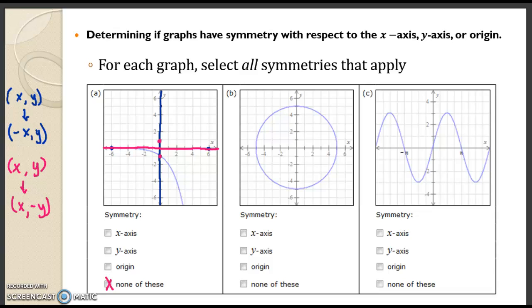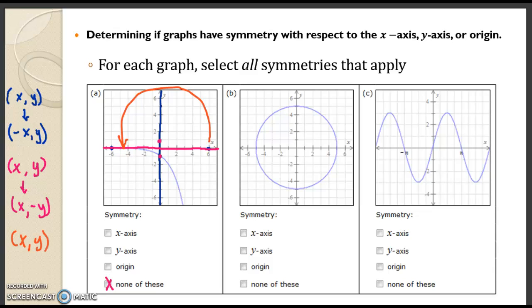Let's check origin real quick. On this one, we don't have it. But origin symmetry is when you take the graph and rotate the whole thing 180 degrees. Okay?